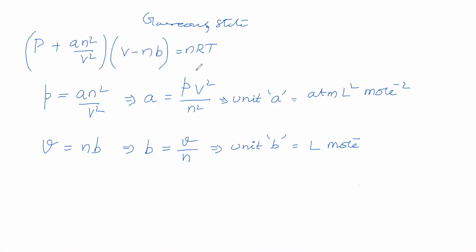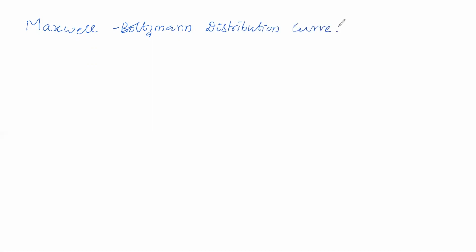Okay, next we will see in the gaseous state. Next topic is Maxwell-Boltzmann distribution curve. Maxwell-Boltzmann distribution curve we will see. It gives a graph by taking two things in the two axes.